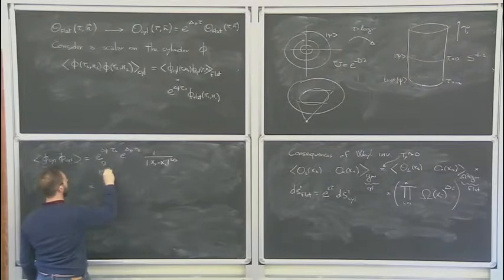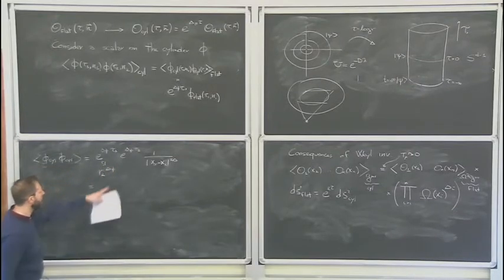Remind you, this is just r_1 to the delta_phi, and similarly this is r_2 to the delta_phi.